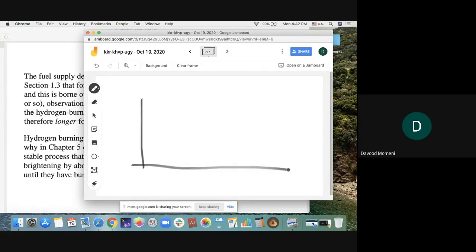If I think of this as m, and this as the lifetime of the star, for high mass, it will be m to the power minus 2. You understand that this is for high mass stars.